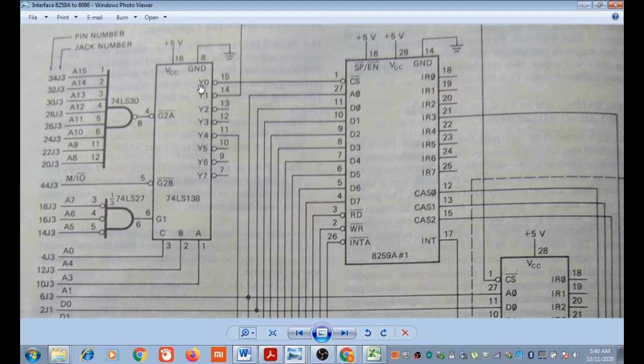Okay, we are going to decide what is the address of this 8259A in this circuit. When will this Y0 become active?